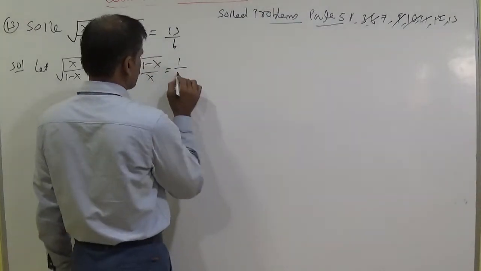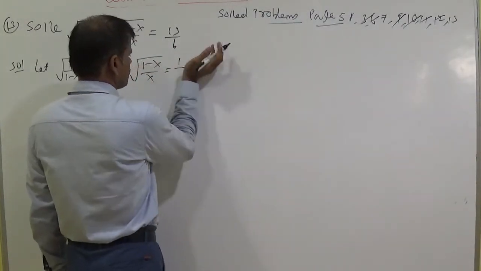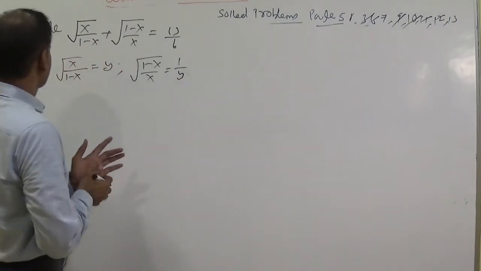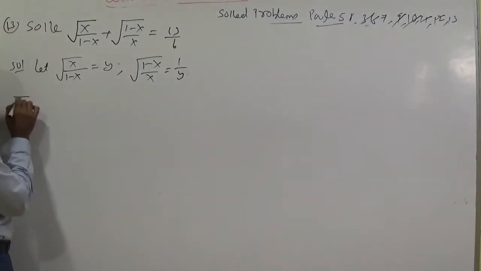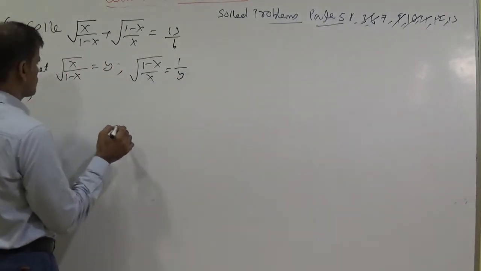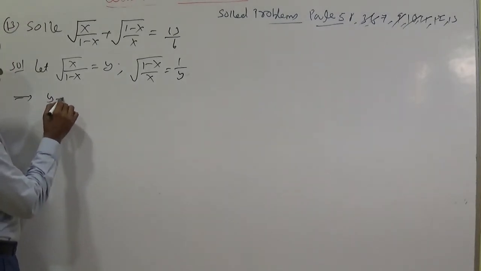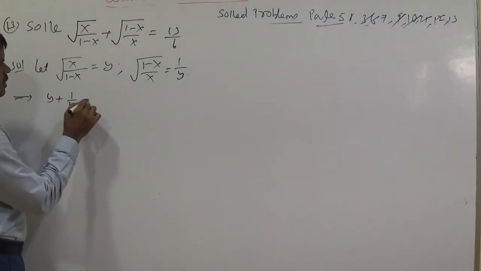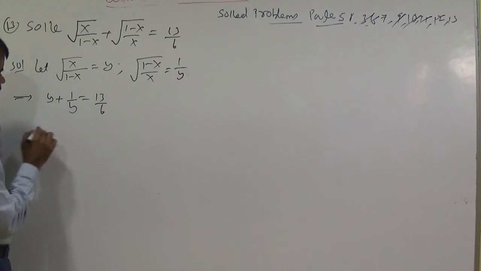This is the reciprocal equation. So we can substitute these reciprocal terms in the given equation. That implies we get y plus 1 by y is equal to 13 by 6.